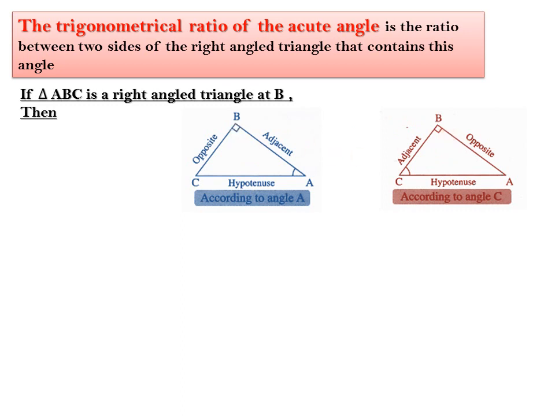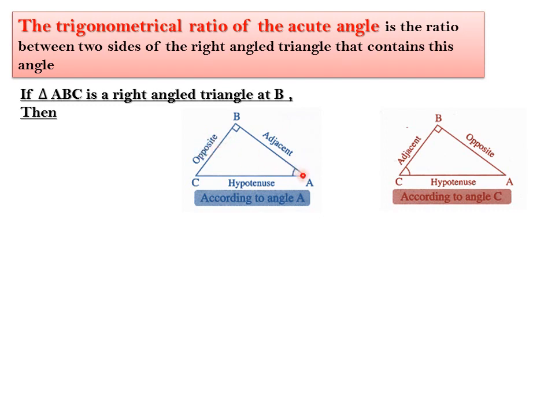So we have three sides for each triangle. The side opposite the right angle is called the hypotenuse, and of the two sides of the right angle, one is called opposite for the angle and the other adjacent for the same angle.